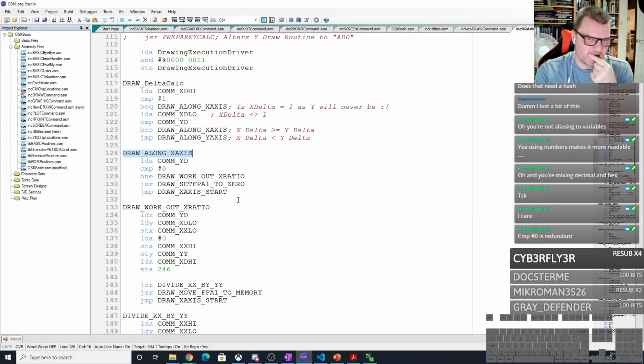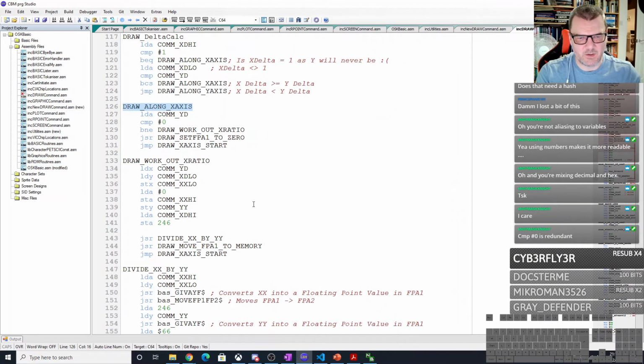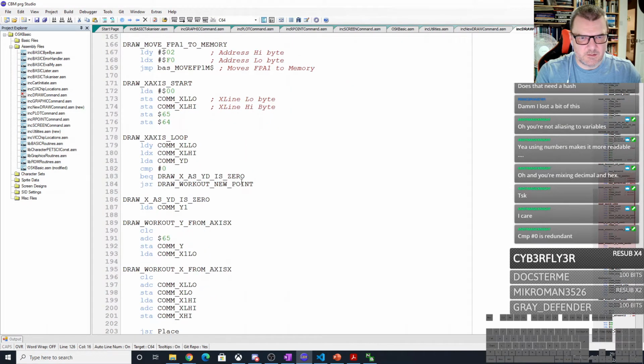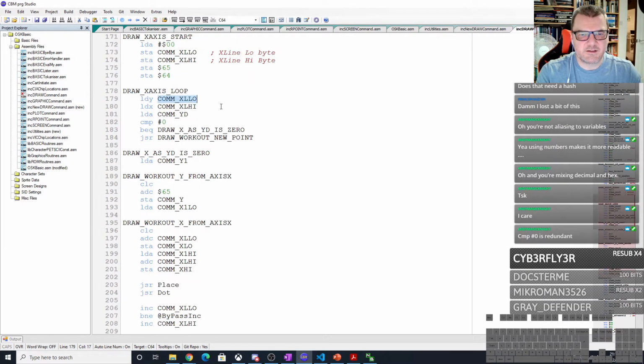That's the delta. Using the delta to work out the point, and we're not doing that. So draw x-axis loop. So LDY, the x low, x high.